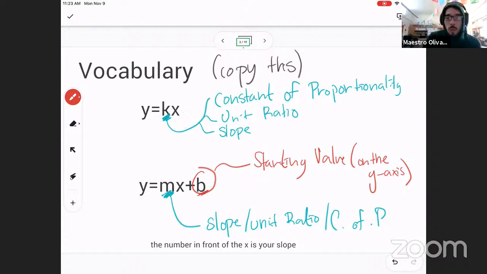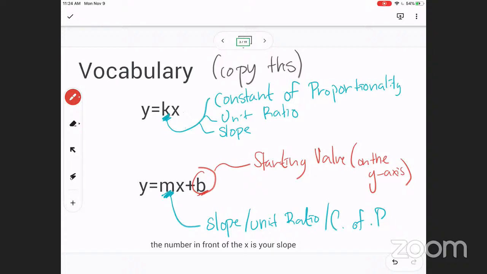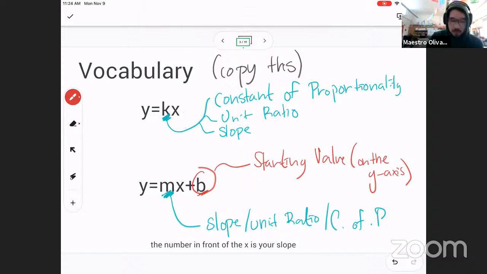Yes, Kelvin? Also, does X also start in the beginning, or does it start with Y from the other one? You always start with this number, okay? But let me ask you this. Are we adding anything here?